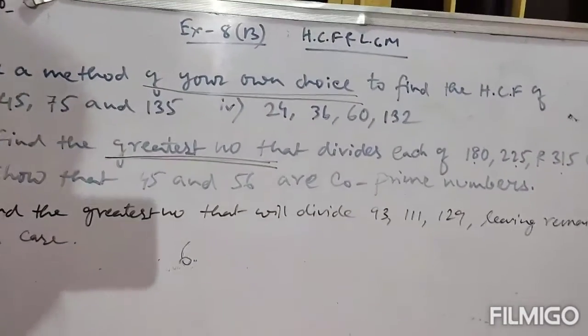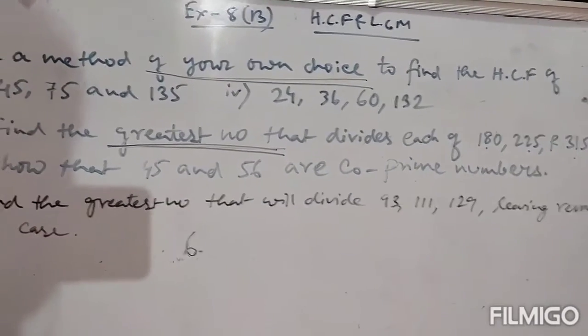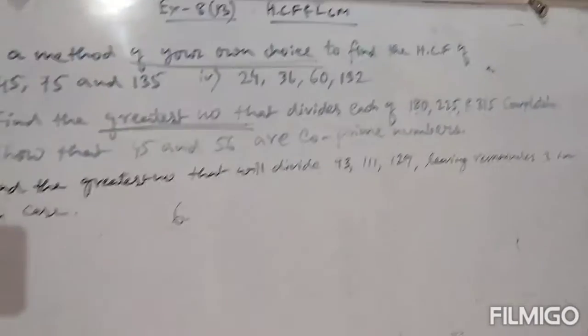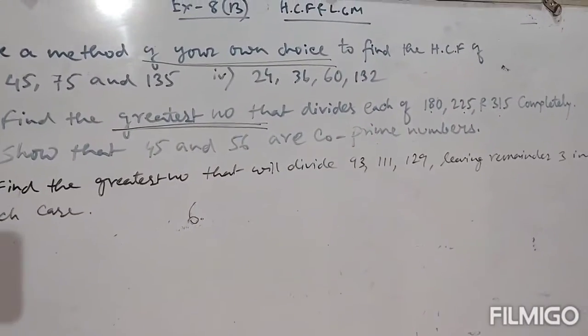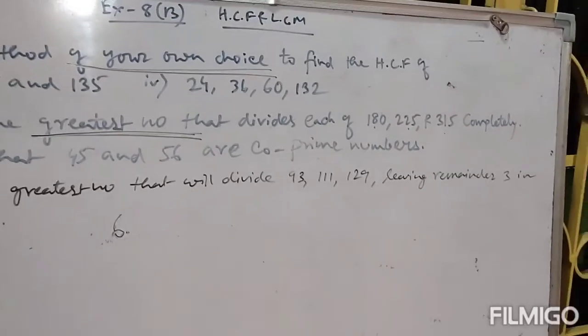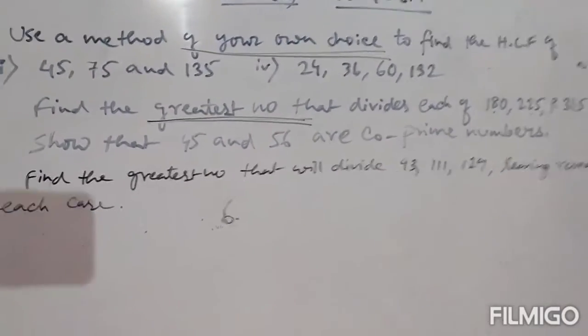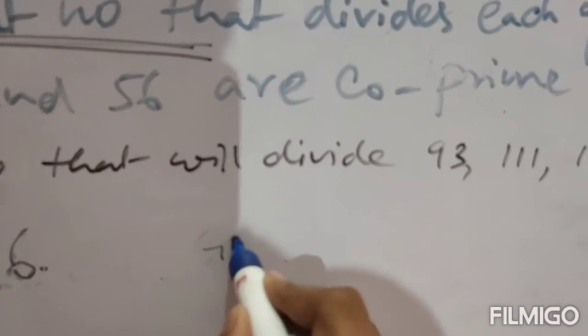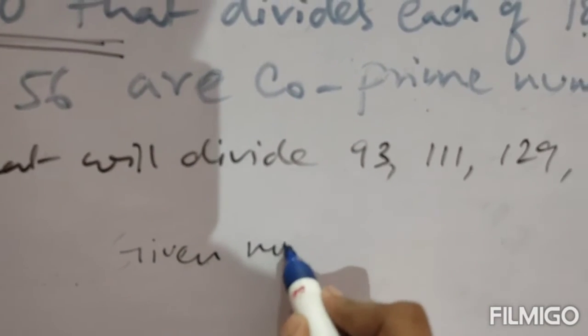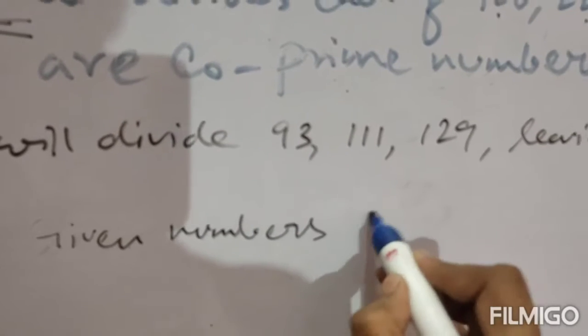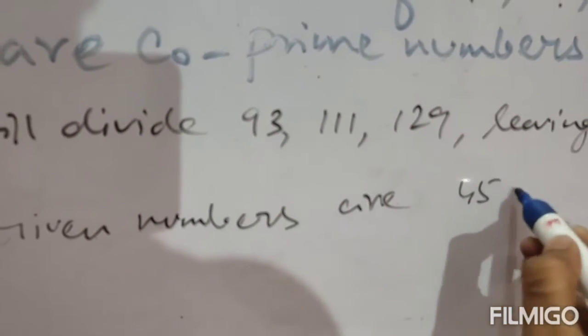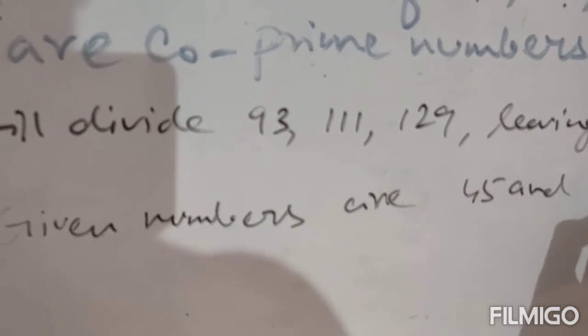So we have to find out whether the HCF of 45 and 56 is 1 or not. If the HCF is 1, then these two numbers will be co-prime, and if the HCF is not 1, then the two numbers will not be co-prime. Clear? So we have to find the HCF of these two numbers. Just write given numbers are 45 and 56.